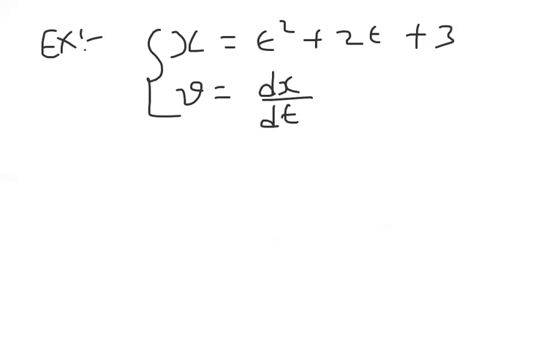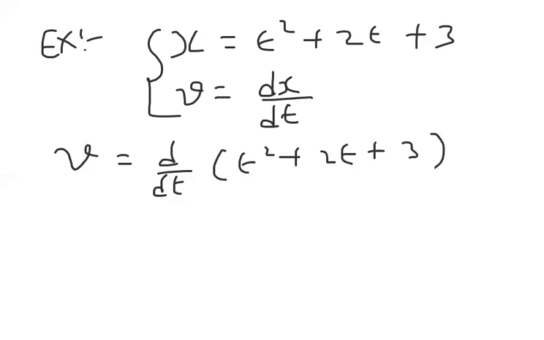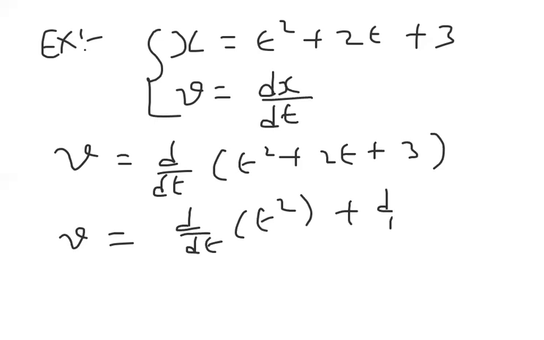So how to handle d by dt of t square plus 2t plus 3? First, d by dt of t square plus d by dt of 2t plus d by dt of 3.